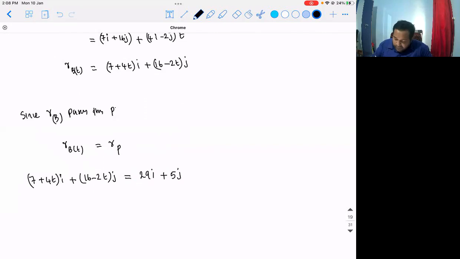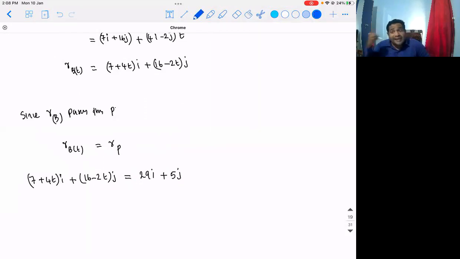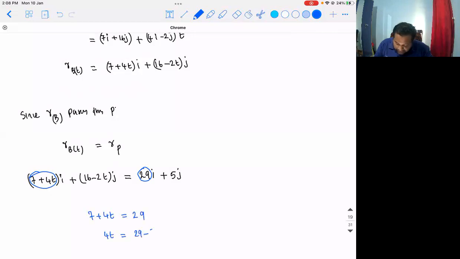Then what we can do is a very simple thing. Here the coefficients are equal, so we can equate the coefficients of i. So 7 + 4t equals 29, or 4t is 29 minus 7, which is 22.